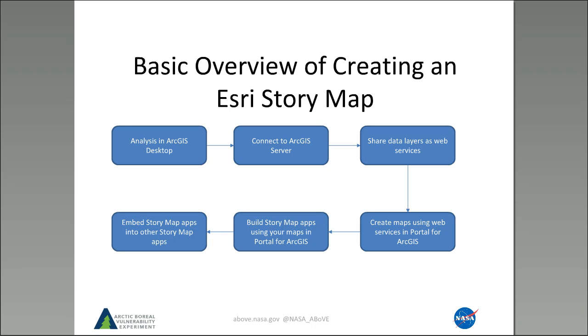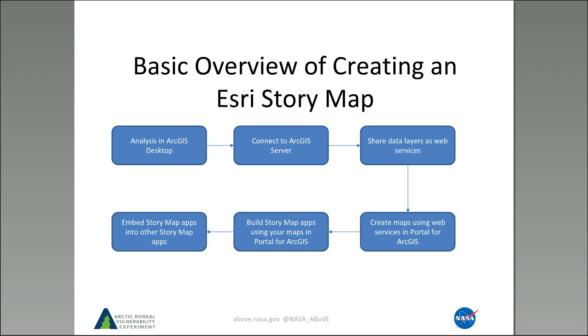But I created this flow chart to give you a basic overview of how I created my story map. First I did all of the analysis in ArcGIS Desktop. Then I connected to the ArcGIS server. I shared all of those data layers that I created in ArcGIS Desktop as web services. Then I created maps within Portal for ArcGIS using those web services.